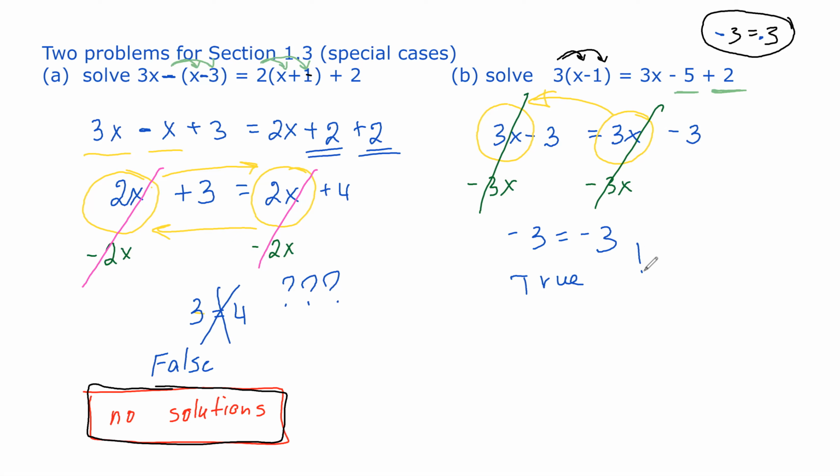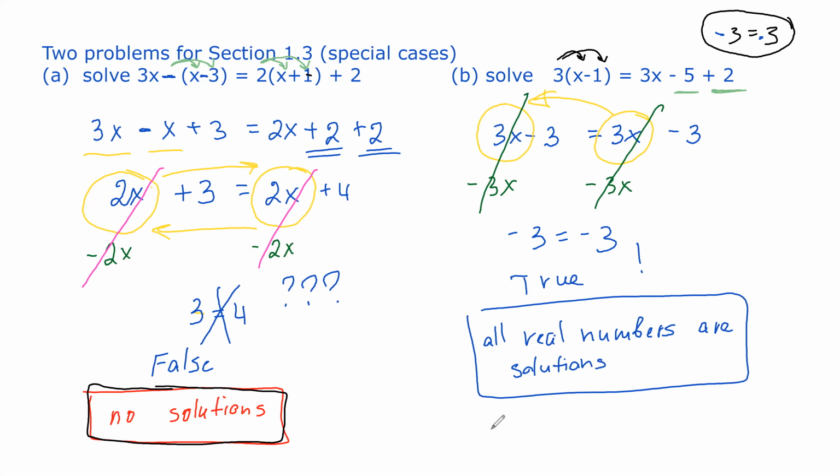So this is that second special case where you will say that all real numbers are solutions. Now, the more formal way to say it is to say infinitely many solutions.